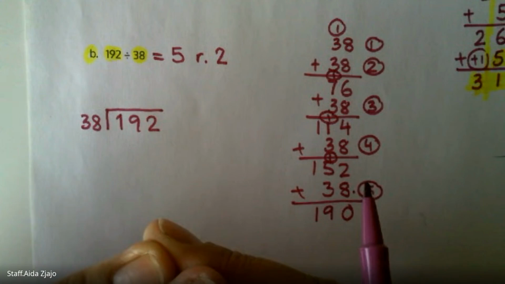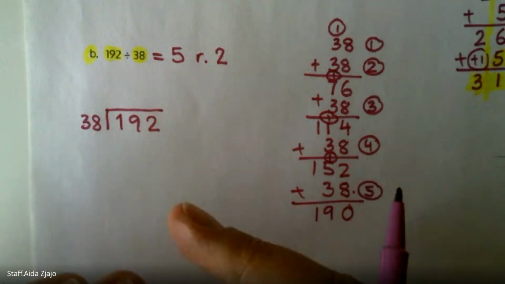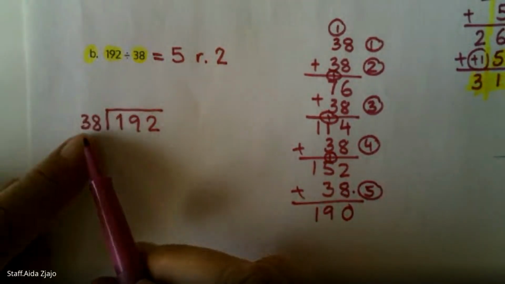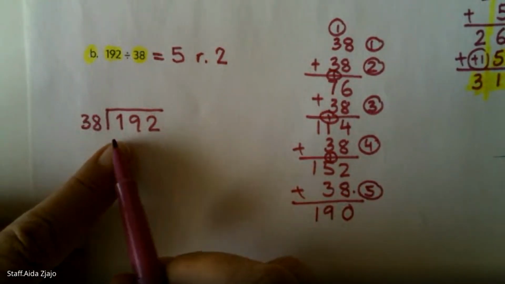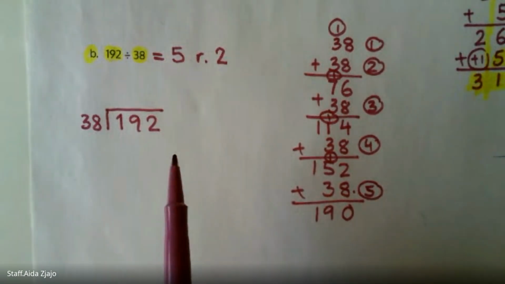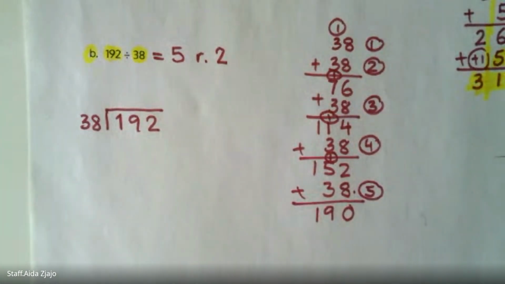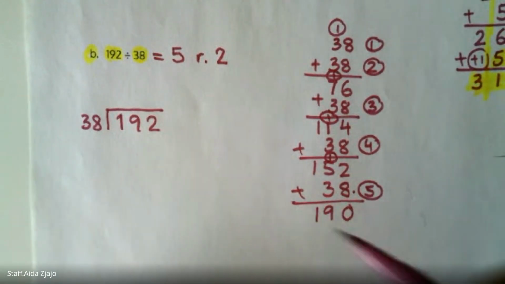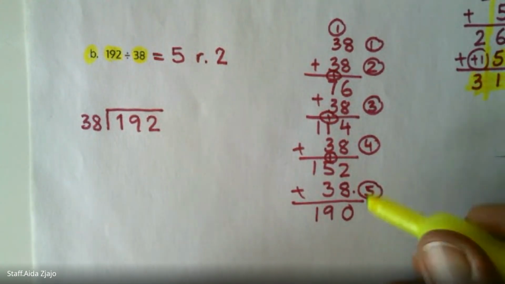So if I go 40 more, that would be about 200, but I rounded up, so it's good. You can guess 4, but then it would be too low. So you're going to finally go back, and you will come up with 5 groups of 38 in there.